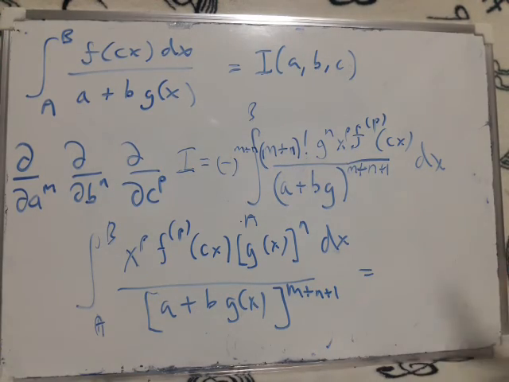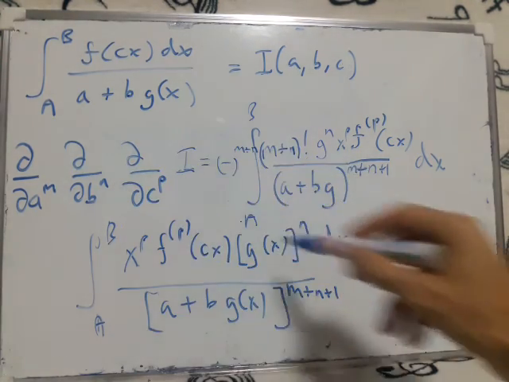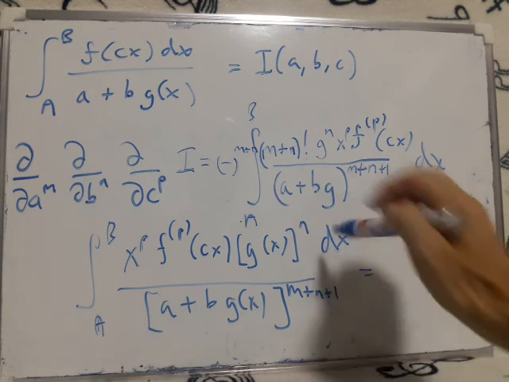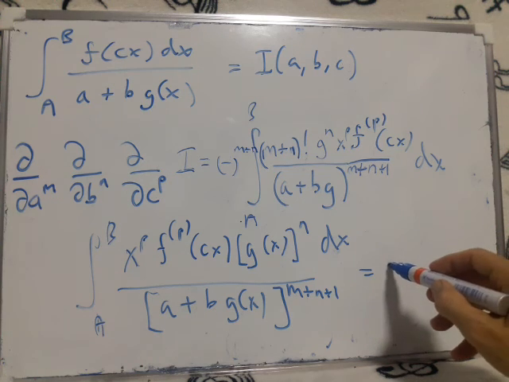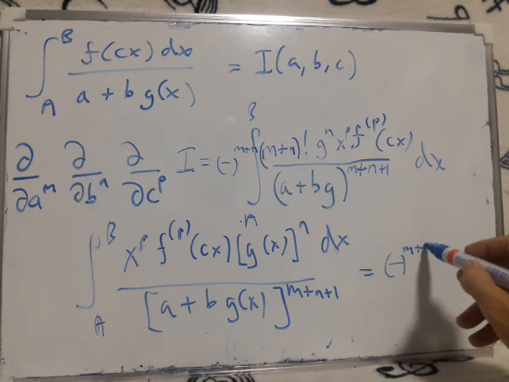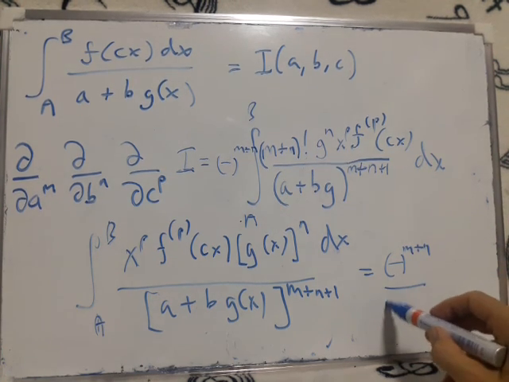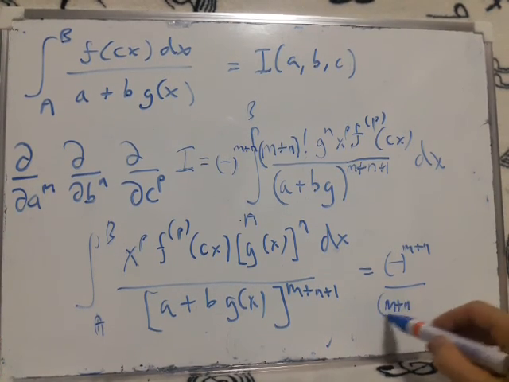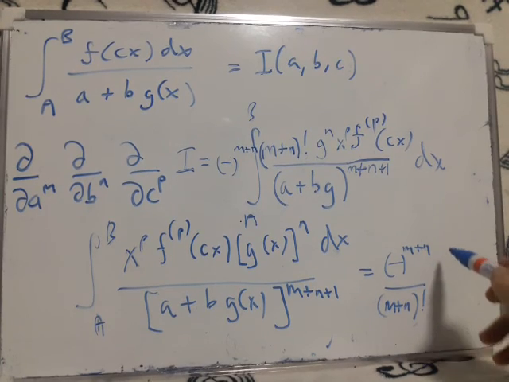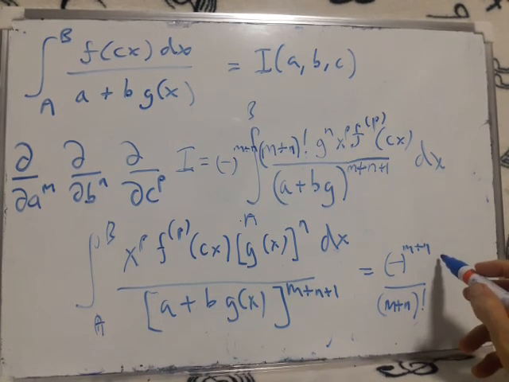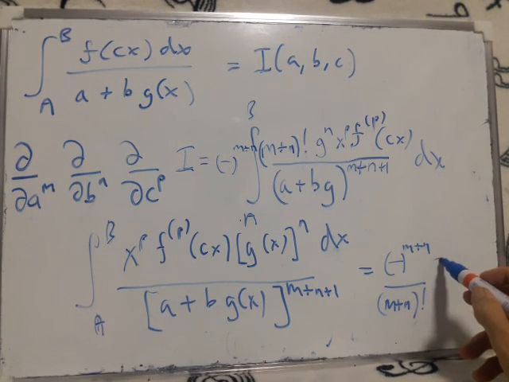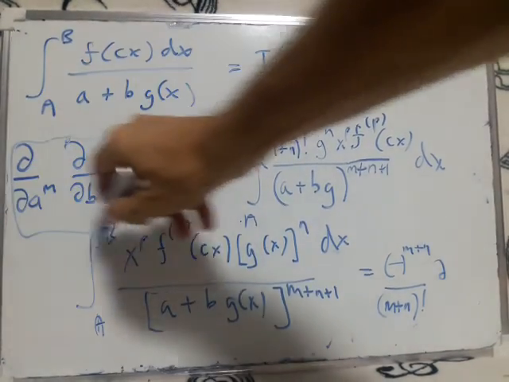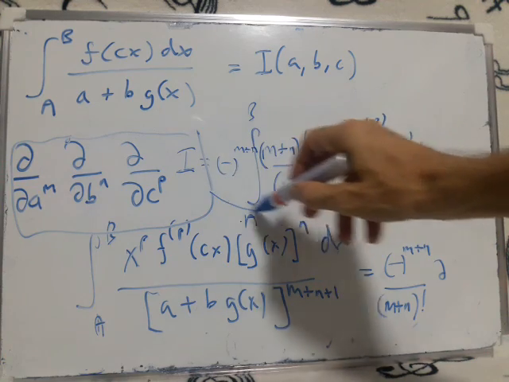And that integral we can work out simply by rearranging this. It's minus one to the m plus n, divided by m plus n factorial, and then it's basically all of this stuff. I'll just put that all there.